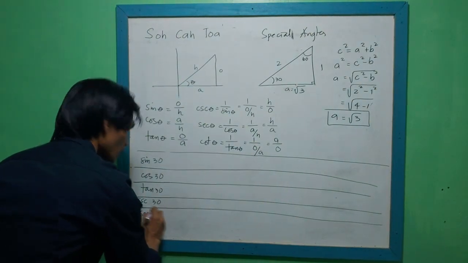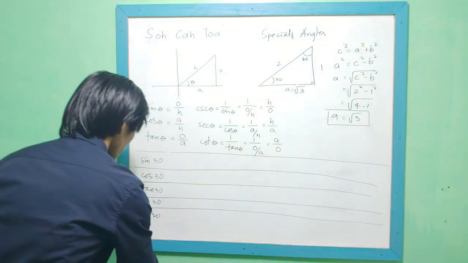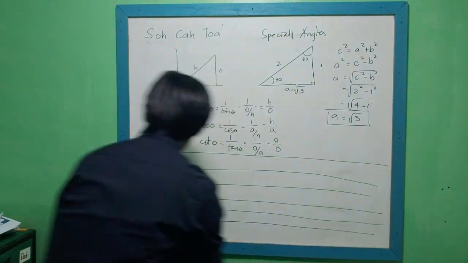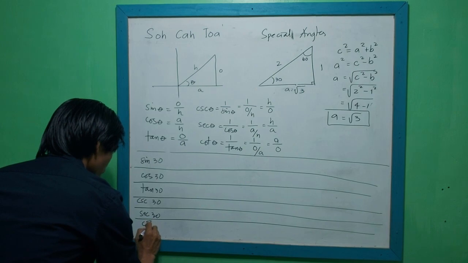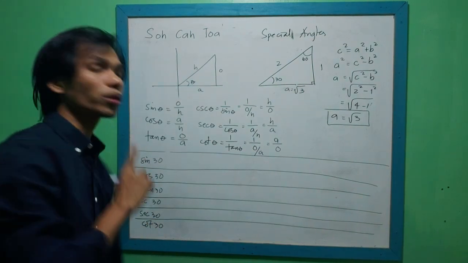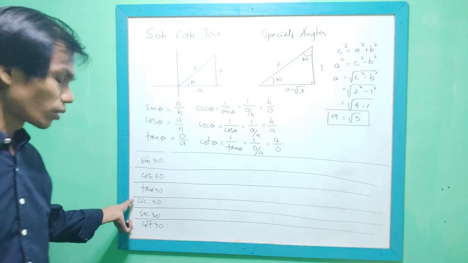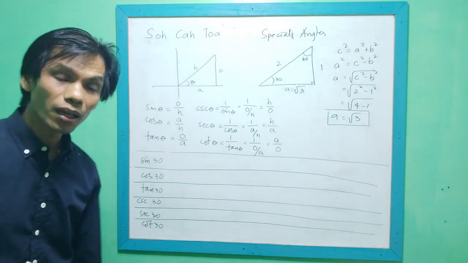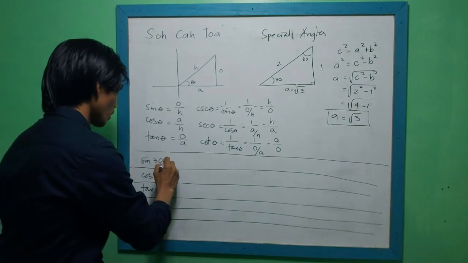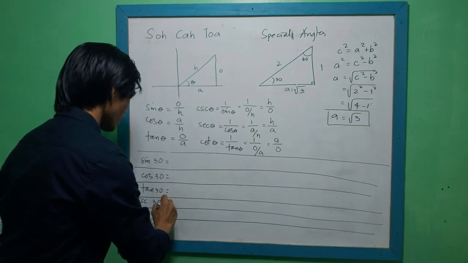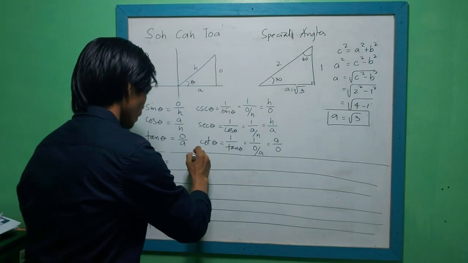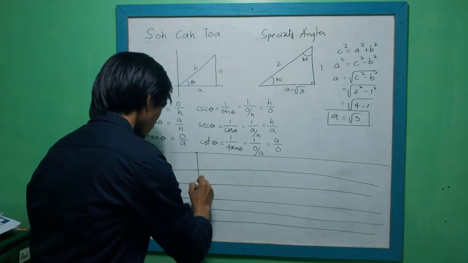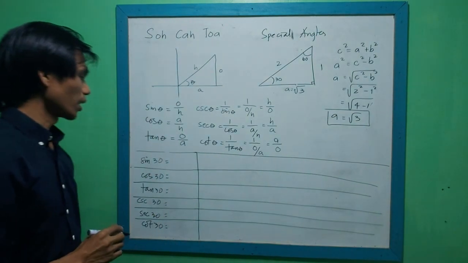Secant 30. Yan. And then, cotangent 30. So, notice, wala itong tatlong function sa calculator ninyo. Pero, kaya nyong sagutin. So, equals, equals, equals, equals, equals. Yan. Lalagay tayo ng space para sa mamaya. Okay, yan.